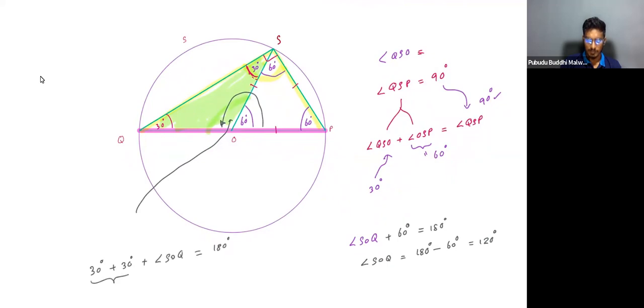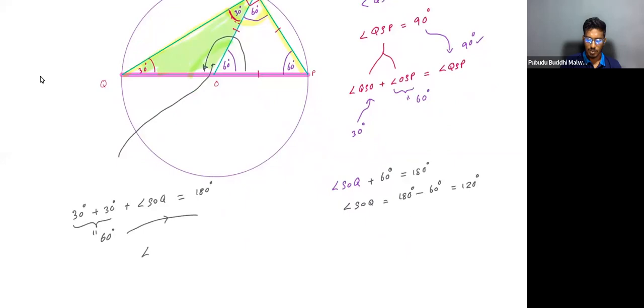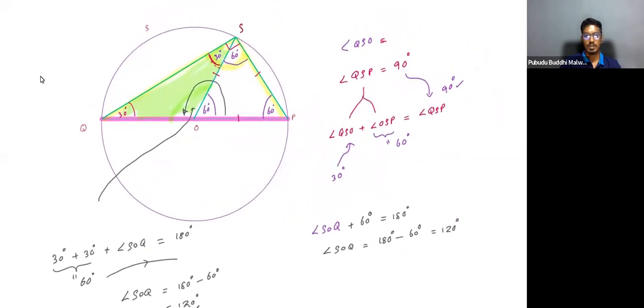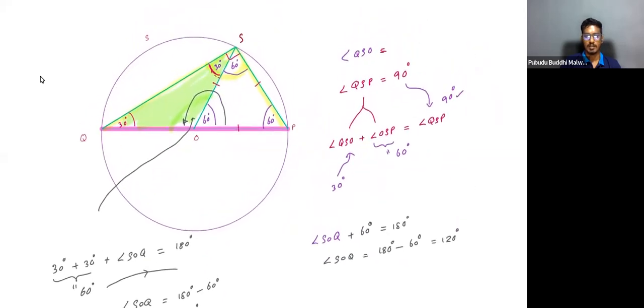Here 60. I can move that to the other side. So SOQ equals 180 minus 60. That is 120. So there are so many options which you can use to compute those angles, right? And also one important thing, this angle POQ, this one also equals 180.